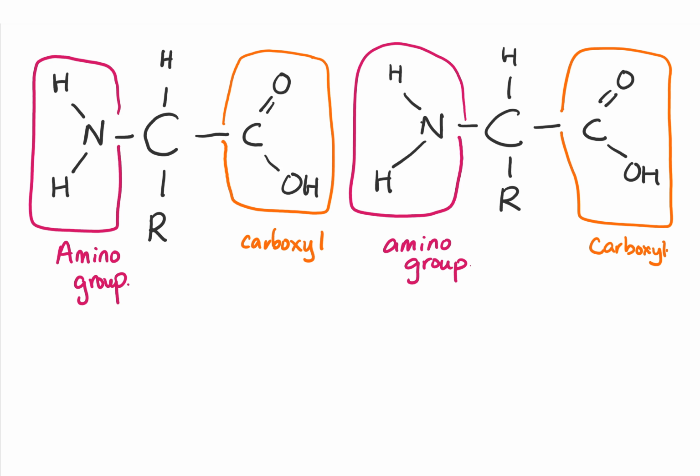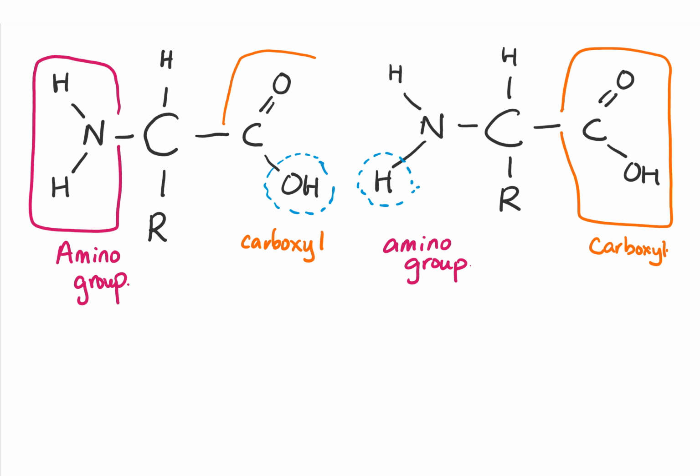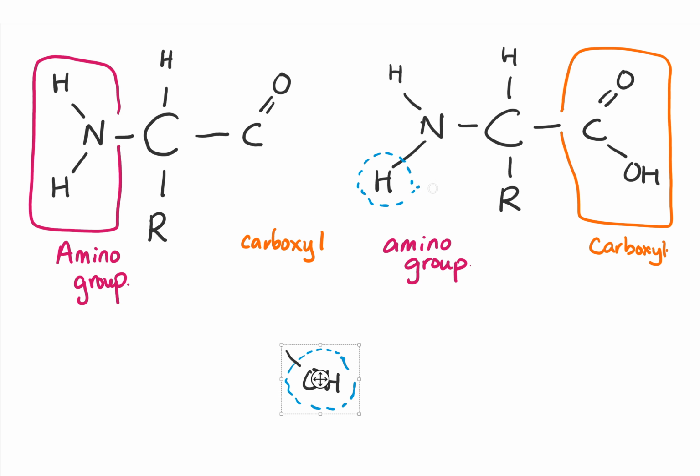So now if you look closer, I'm putting 2 amino acids side by side. What do you realize? There is a hydroxyl group in the carboxyl and a hydrogen in the amino, right? When we put them side by side, they can actually become water. So I'm going to take this hydroxyl, and take this hydrogen away.